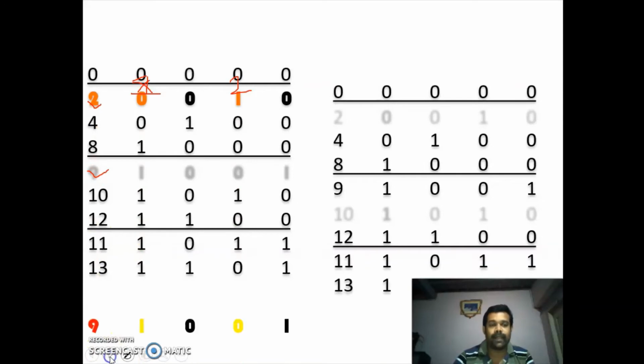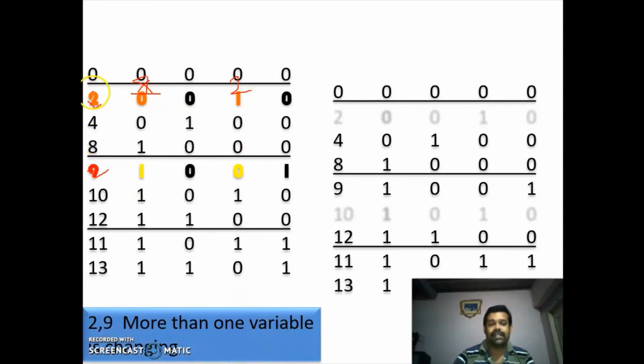The green, orange and yellow indicate these bits are differing. So more than one bit is differing, so this 2 comma 9 combination is not considered.